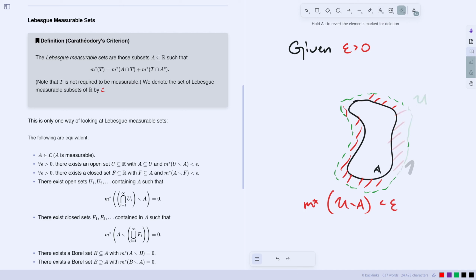Okay, so to draw that, instead of bounding A from the outside, we're just going to draw a closed set on the inside. So this third condition is, again, pick any epsilon greater than 0. I'm going to tell you I can approximate A from the inside by a closed set, and that error will be less than epsilon.